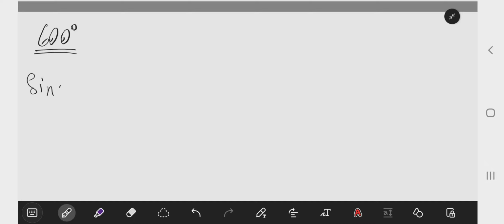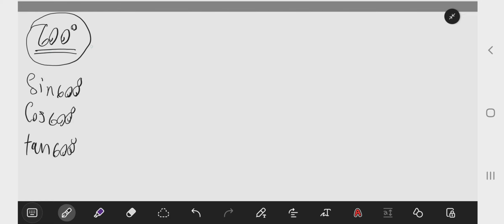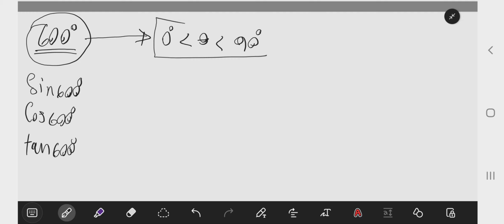Before you evaluate the value of sine 600, or the value of cos 600, or maybe the value of tan 600, you have to reduce this angle such that you get a reference angle or an equivalent angle which is in the first region, which is between 0 and 90. So you have to reduce this angle into this region. So how do you actually do this?